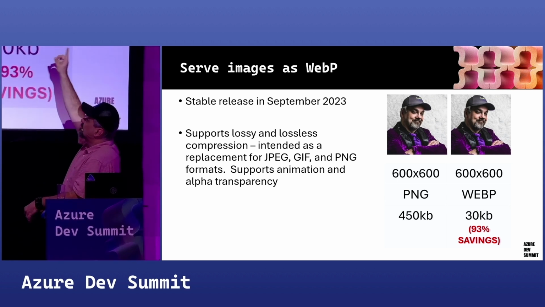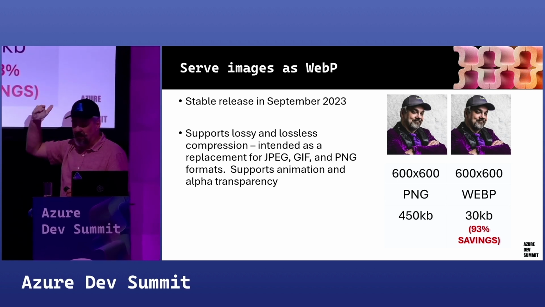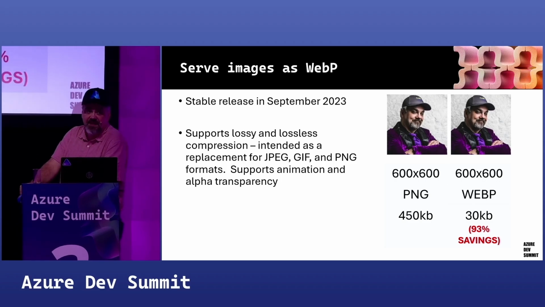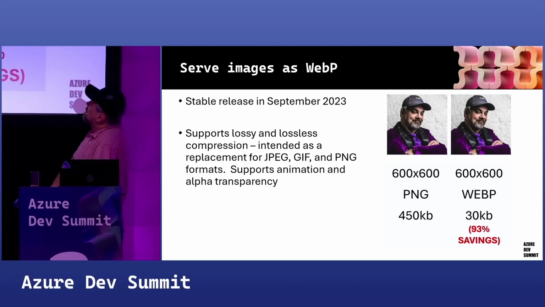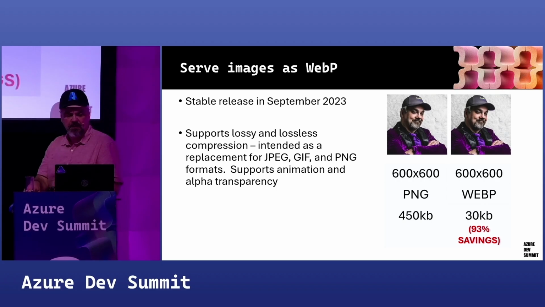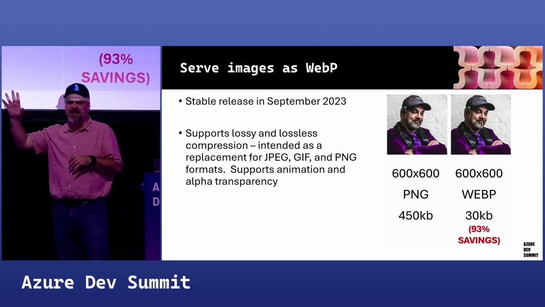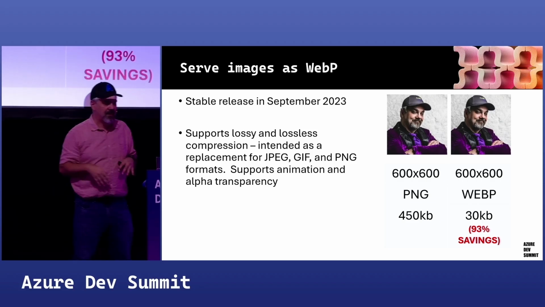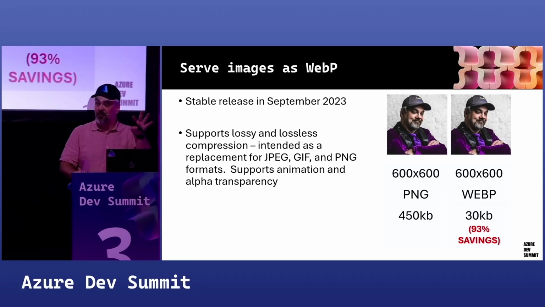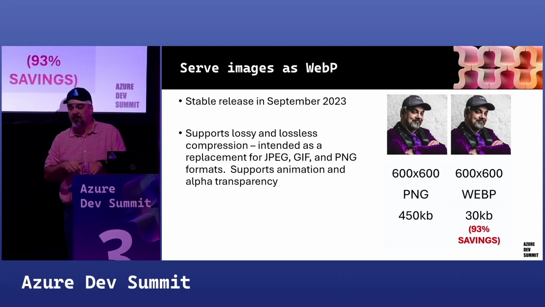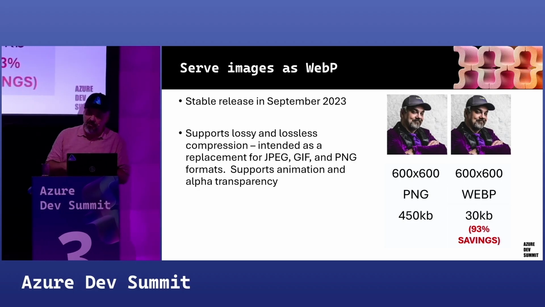So I took this image of myself and put it on the website. I had it at 600 by 600, and it was 450K. And I look kind of nice there. I went into paint.net, you know paint.net, right? Cool little application, open source, big fan of what they've accomplished. Opened that same image and just did a save as WebP, and it saved it at 30 kilobytes, right?